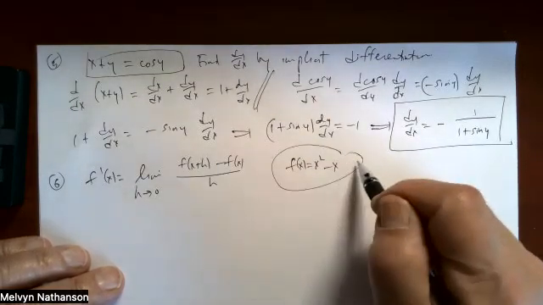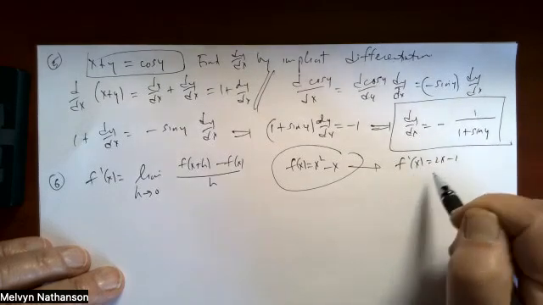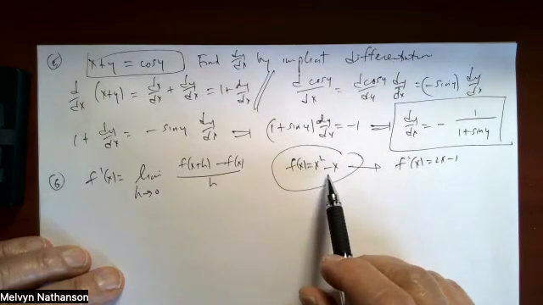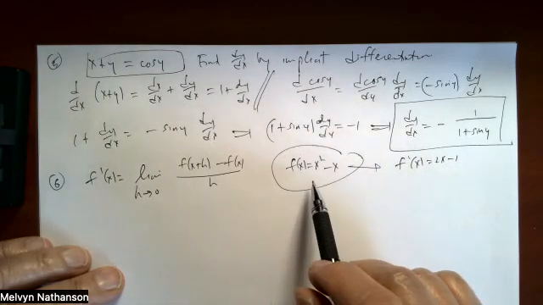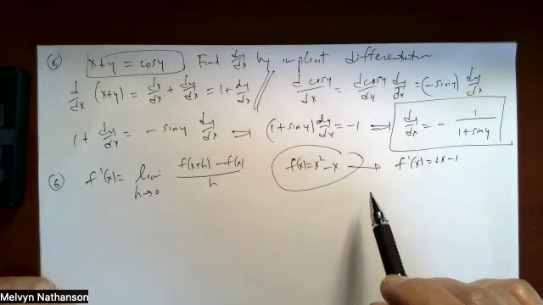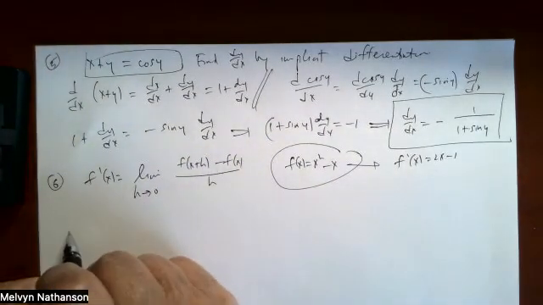Now we know that for this, the answer, of course, is f prime of x is 2x minus 1. But I'm not asking you to just differentiate x squared minus x and write down this formula. I'm asking you to actually prove, using the definition of the derivative, that this is correct. So I have to actually calculate this expression.